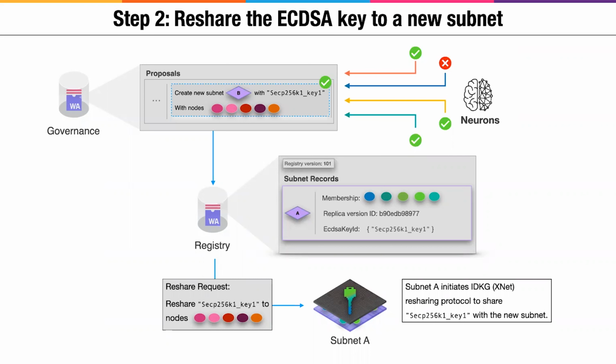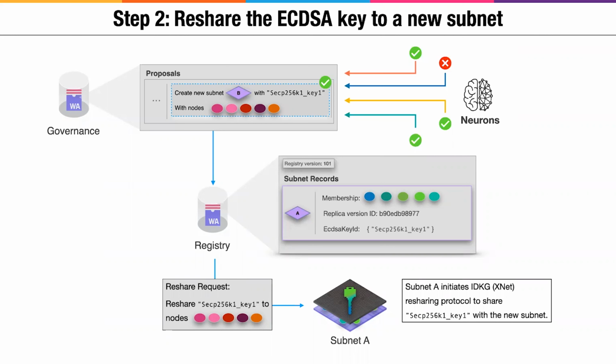Once the registry issues the request to subnet A, subnet A will initiate an IDKG protocol, an interactive distributed key generation protocol. However, this is a special kind, a crossnet resharing protocol. What this means is that subnet A is trying to reshare its own key to nodes that live on another subnet.